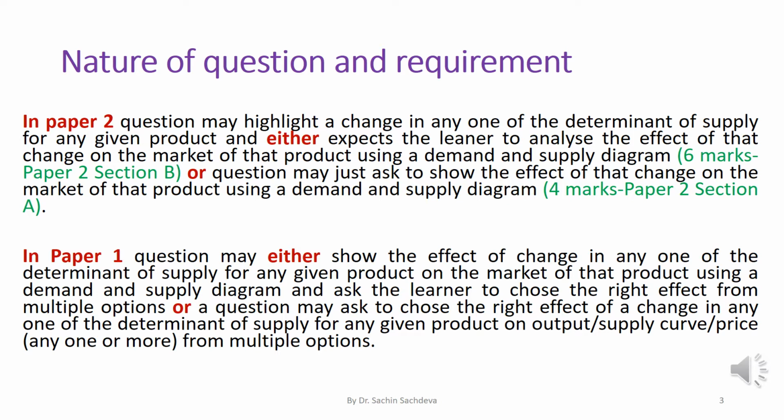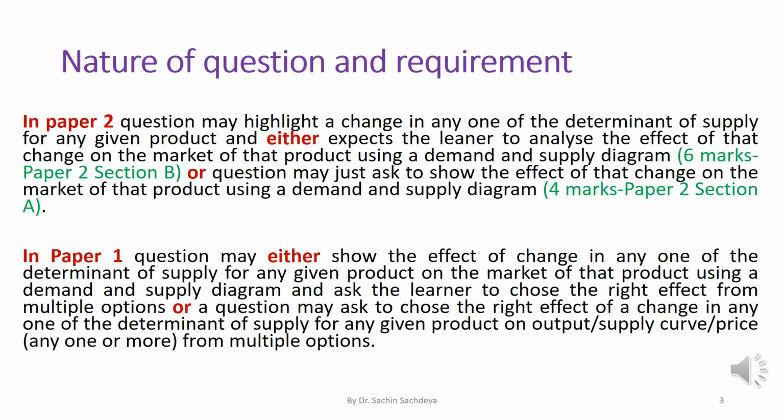Or sometimes the question is presented in a tabular form, where a particular change in a determinant of supply is given in the question, and you will be asked how it will affect the output of that product in the market, or the supply curve, or the price of that product in the market.